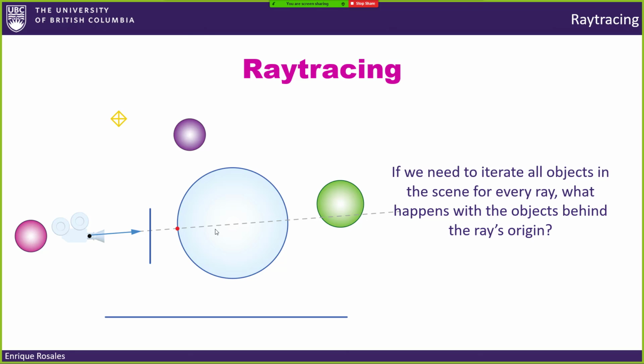Because right now the formulas we have will give you, if you iterate over, for example, this object right here, and you use exactly the same formula, you will get the intersection from this ray. You will basically get this point right here. The formula will not prevent you from getting this point. So basically, the direction of the ray is kind of meaningless in those formulas.